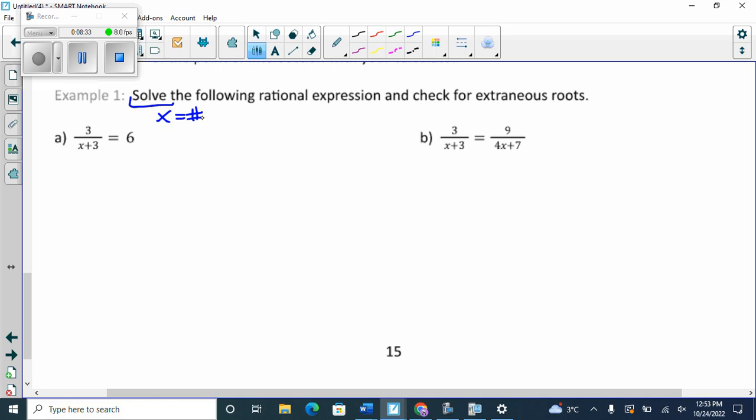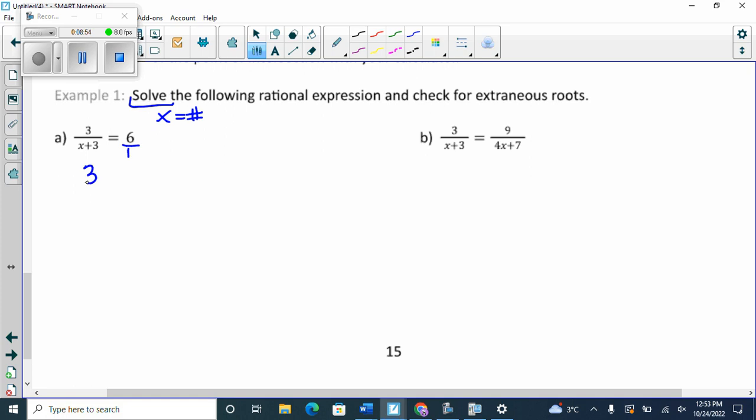What's the very first step of addition and subtraction? Make common denominators. So this one has an x plus 3 and this one has a 1. So I can just make them both be x plus 3, correct? So exact solving and adding and subtracting are all the exact same first step, common denominator.